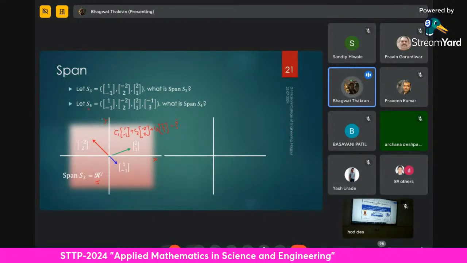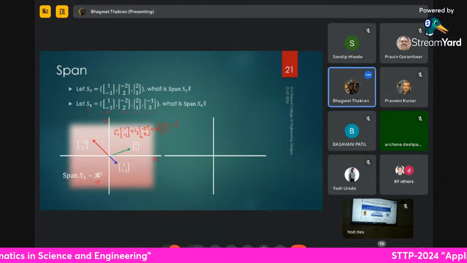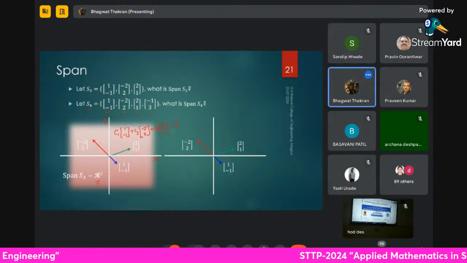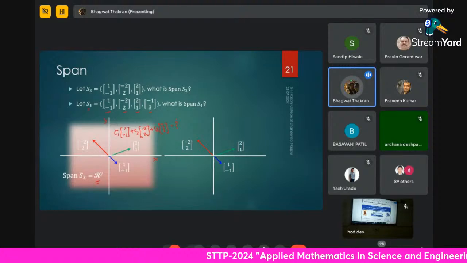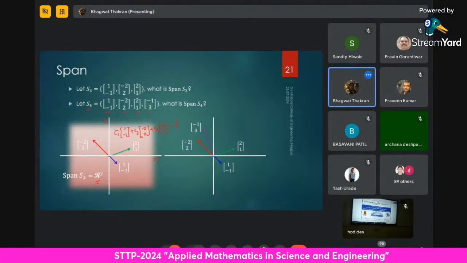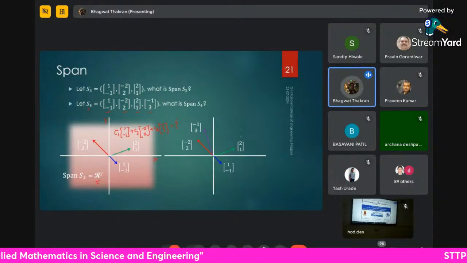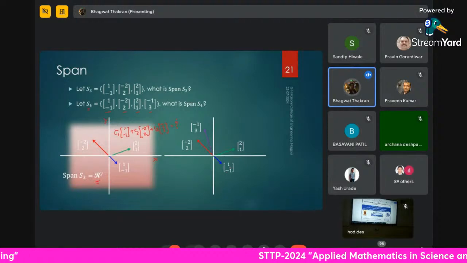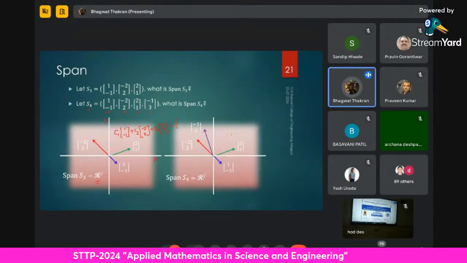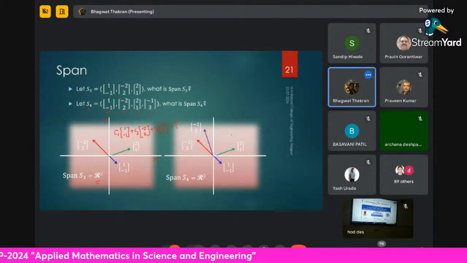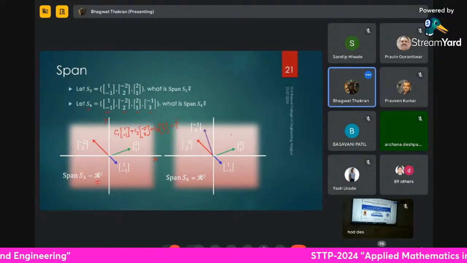Now, I have considered one more example, a set of four vectors. These three vectors we have already taken. Now, this is my fourth vector, minus 1, 3. So one vector is in the first quadrant, two vectors are in the second quadrant, and one vector is in the fourth quadrant. Definitely, when vectors are defined in such a way, this also can generate my R2 space.